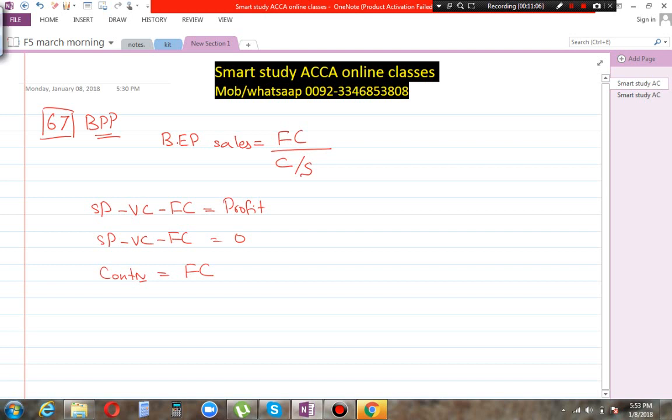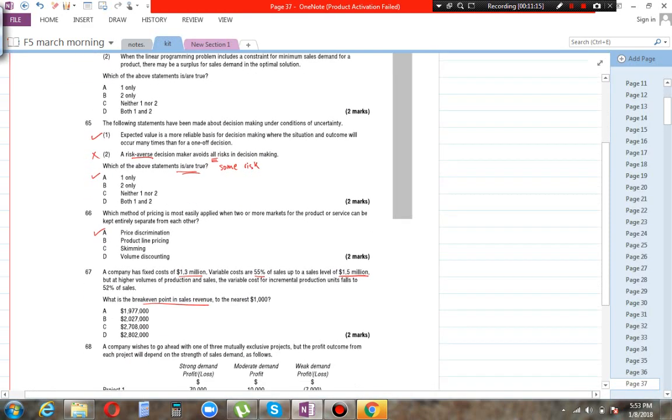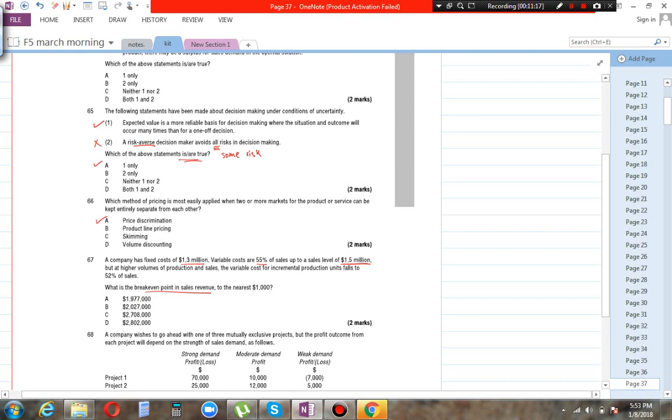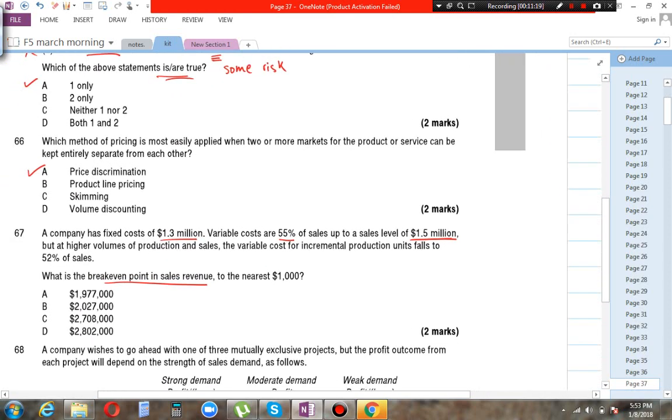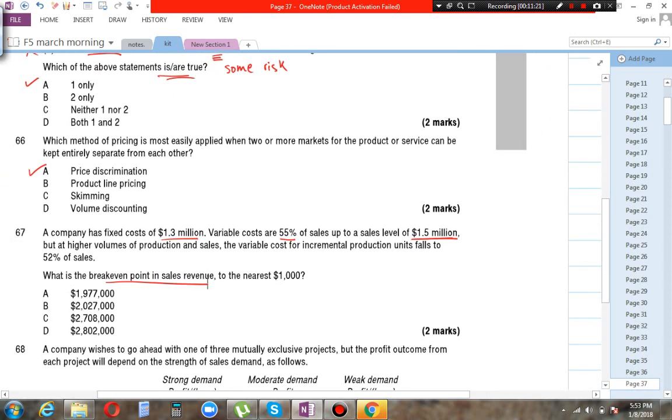The other thing that we can see in this question is that the variable cost is 55% of the sales. So if the sales is 100 and the variable cost is 55, then the contribution to sales ratio should be 45%. Or we can say that contribution is 45% of the sales.